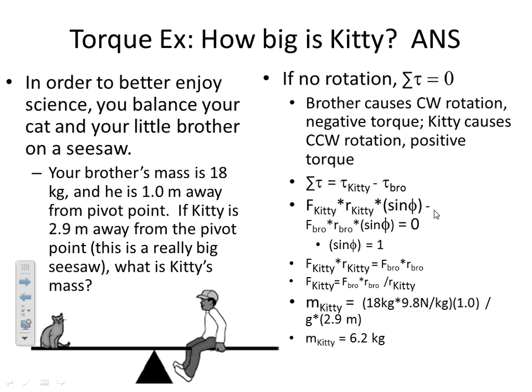So these two minus these two will equal 0. That means they are equal to each other if we bring one to the other side, and all I have to do is solve for Kitty's gravitational force. Technically, because I'm solving for the mass, I can cancel out the acceleration due to gravity on each of these. And look at that, 6.2 kilograms, which is a pretty sizable kitty cat.